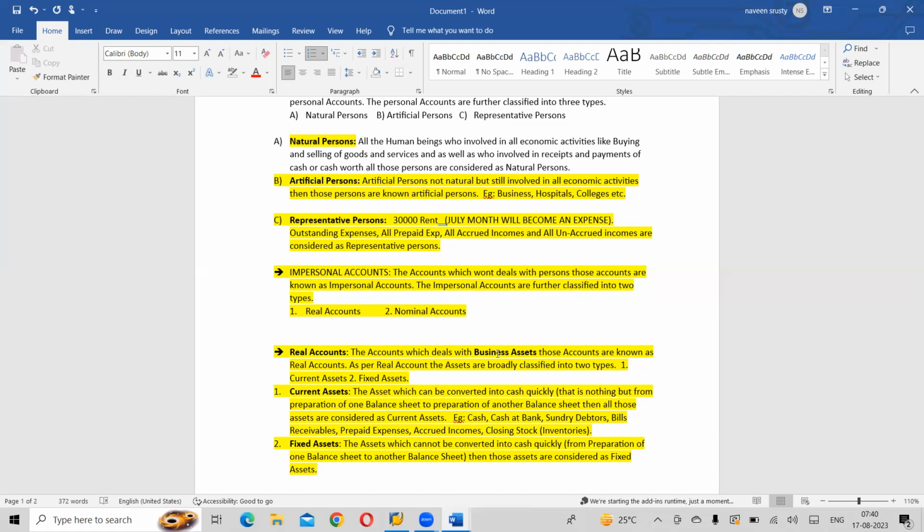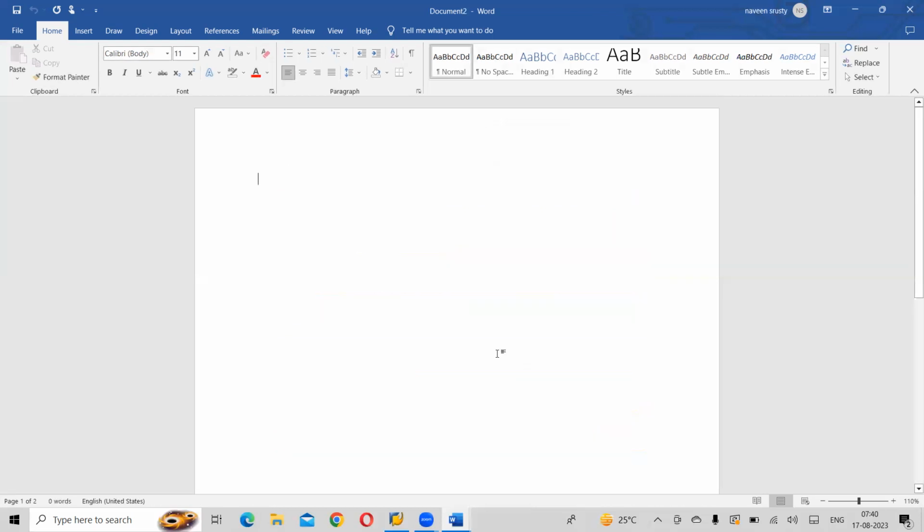As someone said just now, at the time of purchase of a building, there are two types. For example, I have taken two buildings. Building A is a rented building at 50,000 per month.